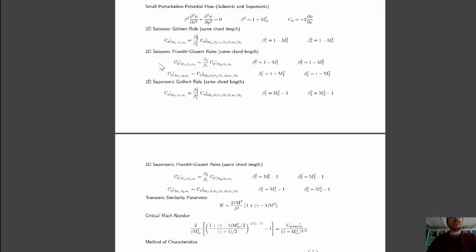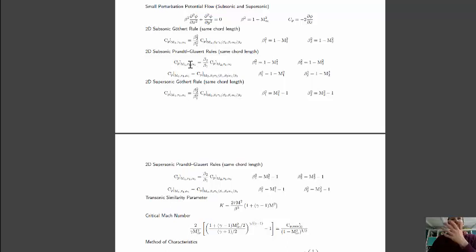So this tells us that the Cp, the pressure coefficient at a point on this wing at a Mach number M1, on a wing of thickness coefficient tau 1 at an angle of attack alpha 1, is equal to the ratio of these compressibility factors, which are defined over here, for a wing where you're measuring the Cp at Mach 2, where the thickness of the wing is the same as the original wing, tau 1, and at the same angle of attack, alpha 1.